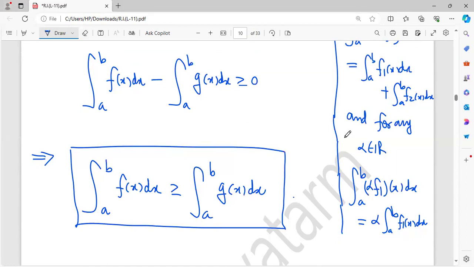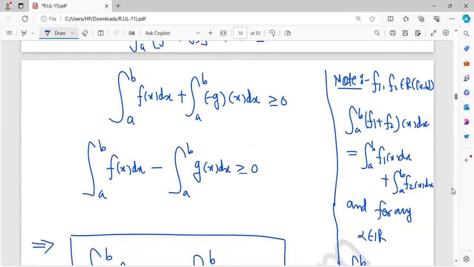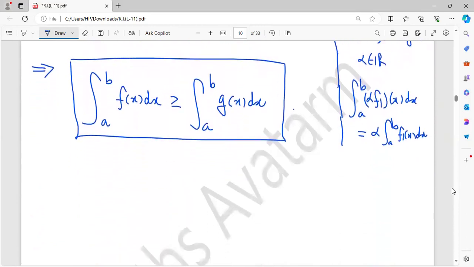So what we have used, we have done it. Actually, I'm writing it in the notes. Okay. If f1 and f2 are Riemann integrable, we also have this one.